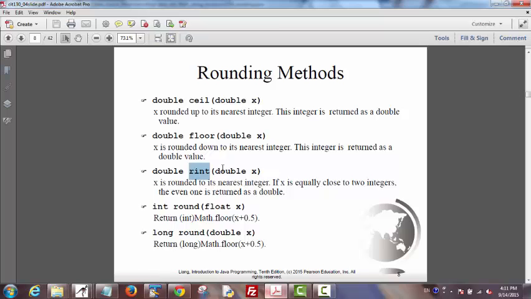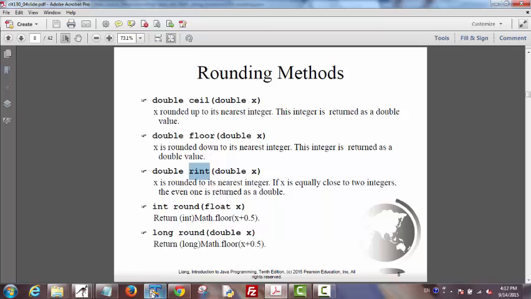Well, you have to ask yourself, what is the nearest integer to 2.8? Well, that's going to be 3. Round of float x, again, round of any number. Essentially, this is what we traditionally do: if the number is 0.5 and above, it will be rounded up. Otherwise, it will be rounded down.